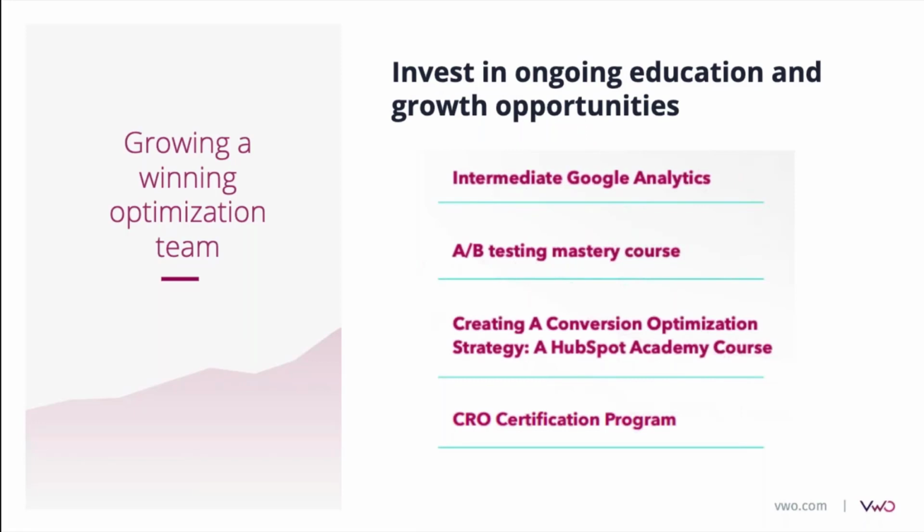The best organizations that run very mature experimentation programs tend to invest heavily in employee development. That means granting generous education stipends for conferences. There are great conversion optimization specific courses out there, and some programs you should make everyone in your team run through are the intermediate Google Analytics course by the Google Analytics Academy, the A/B testing mastery course by CXL, the conversion optimization strategy course by HubSpot Academy, and the CRO certification course by Conversion Excel again.